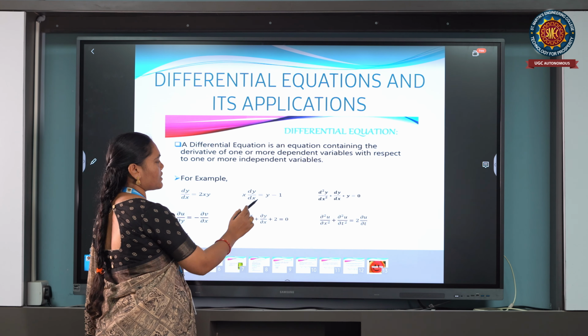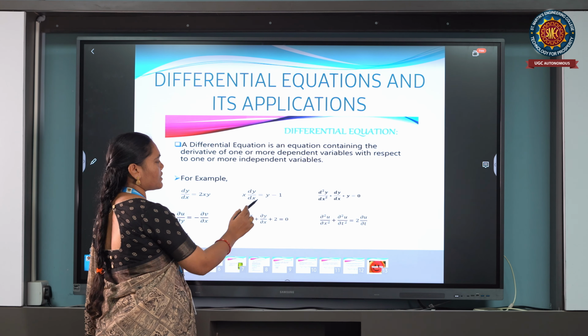Next application is heat equation. The function u(x,y,z,t) is used to represent the temperature at time t in a physical body at a point with coordinates x, y, z.